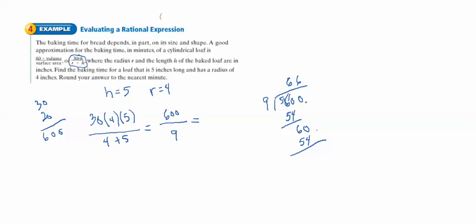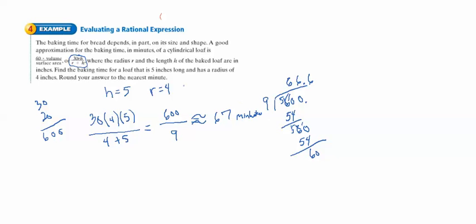We're going to put a decimal in there. And again, we end up with a 60. So it looks like 6.666, and it says to do an estimation. So I'm going to make this approximation sign, and it's going to be approximately 67 minutes.